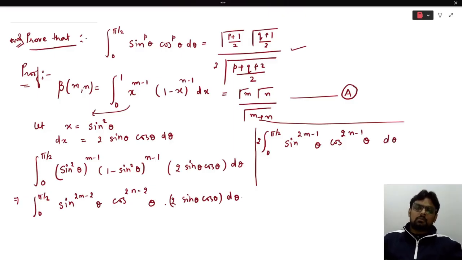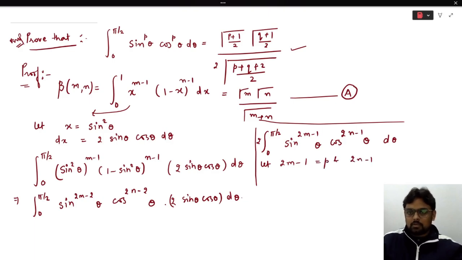Okay, class. So now we can change our form by putting 2m − 1 equal to p and 2n − 1 equal to q. So the value of m is (p + 1)/2, and the value of n is (q + 1)/2.